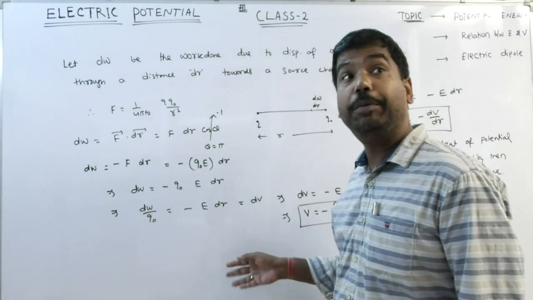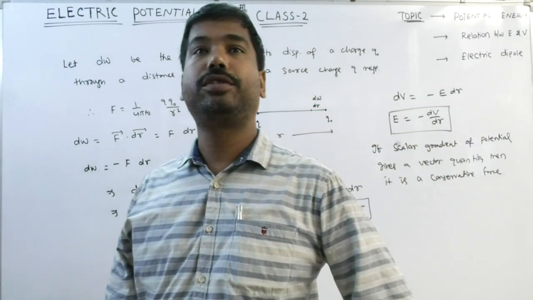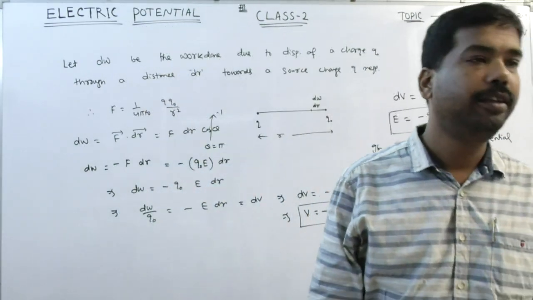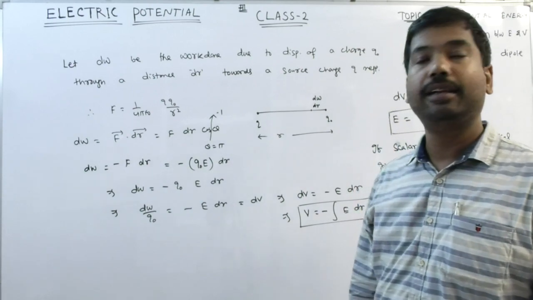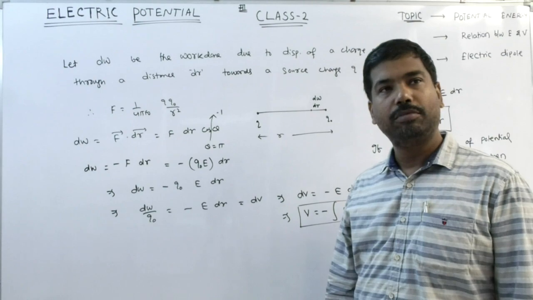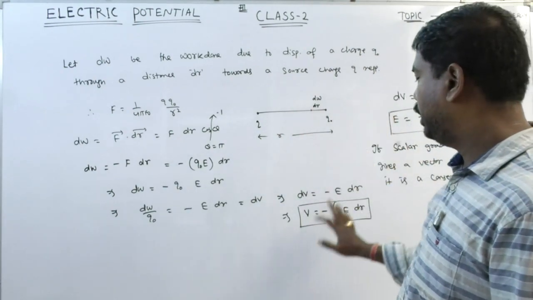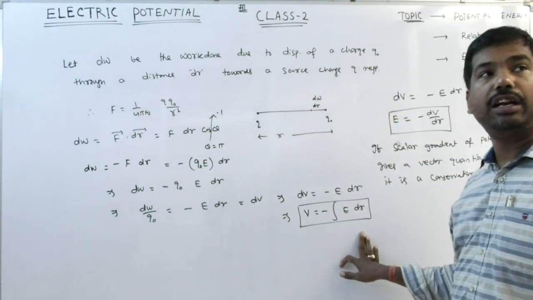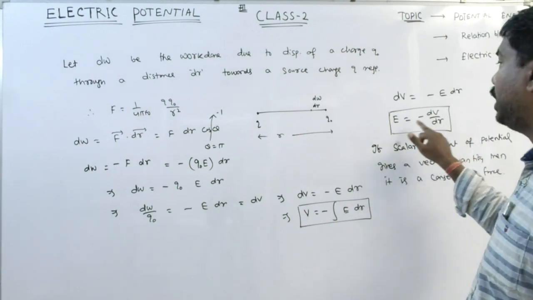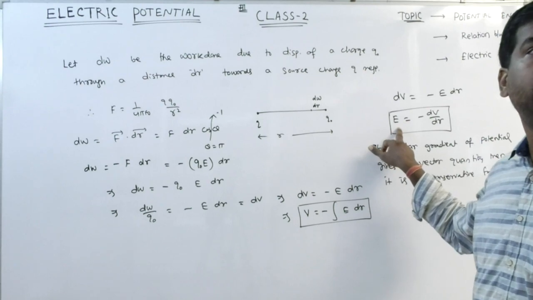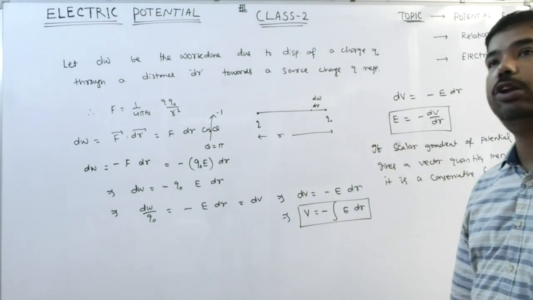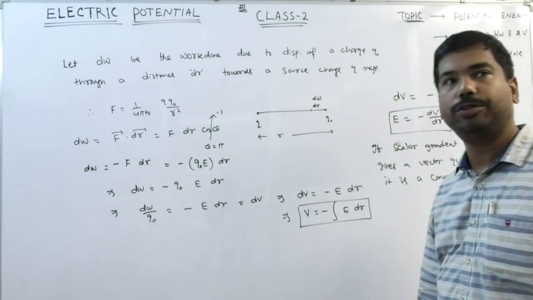If the work done by a force is independent of path, then it is a conservative field. So we conclude that electric potential is the negative line integral of electric field, or the negative potential gradient gives rise to electric field. Hence electric field is a conservative field and electrostatic force is a conservative force.